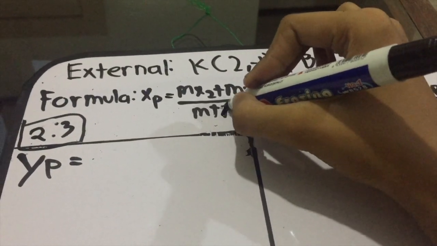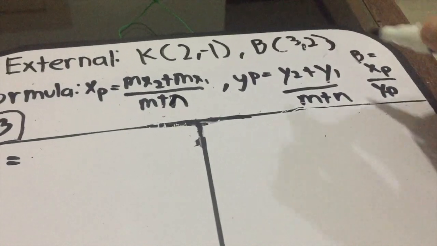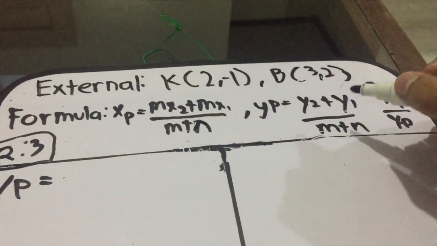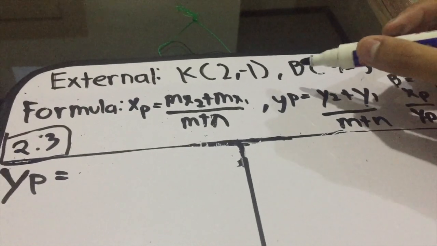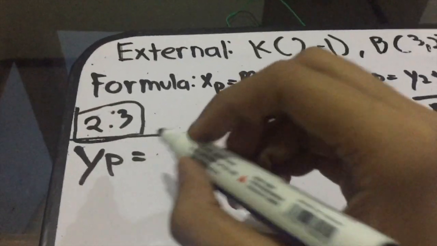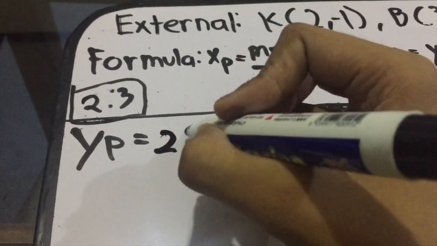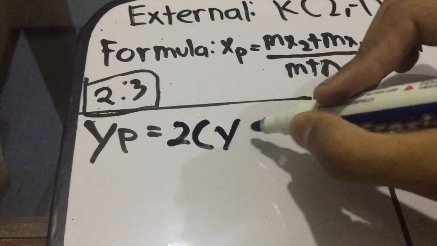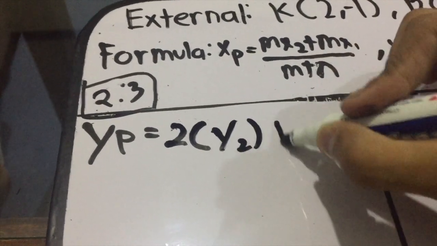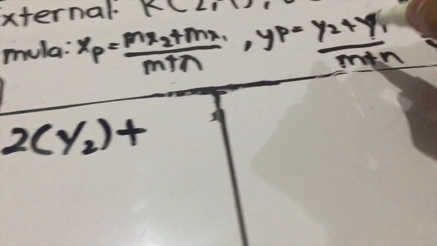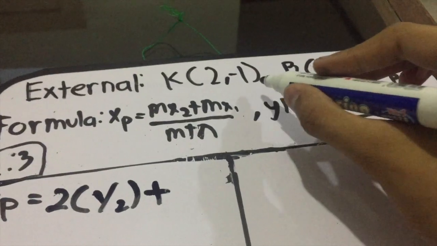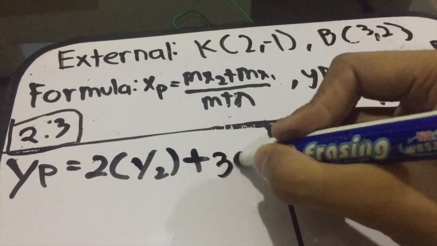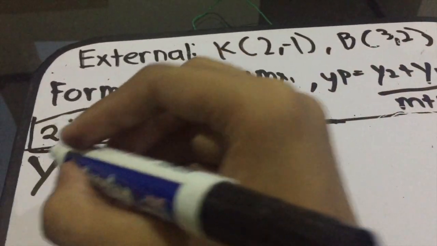For this one, I will try to explain it further in detail. So 3, 2 is our x sub p and y sub p, and K, which is 2, negative 1, is our x sub 1 and y sub 1. So let's start with 2 times y sub 2, since it is missing, plus 3, which is the ratio, which is n, times negative 1, which is our y sub 1.